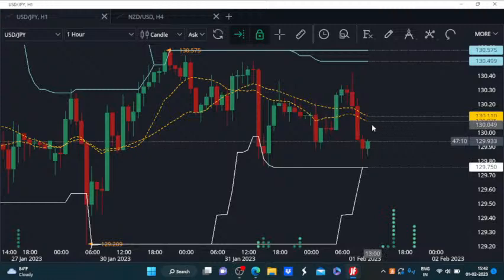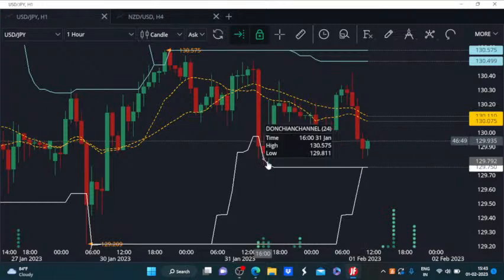Rather than that, keep looking for a short selling opportunity, and we can expect this USD JPY to break below the immediate swing low of 129.75, as we have these lower highs formation in place. So we can expect the next move on the lower side to be lower than this immediate swing low, giving us a formation of lower lows and lower highs.